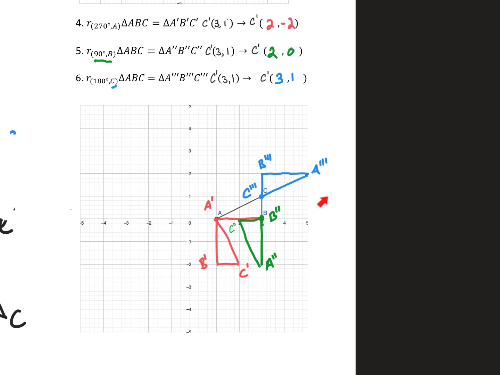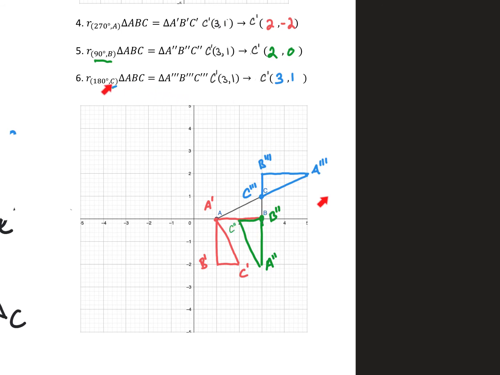Okay, here are my two other rotations. I did a 90 degree rotation about B, and I decided that my new C prime, C double prime, which was at 3, 1, is now at 2, 0.